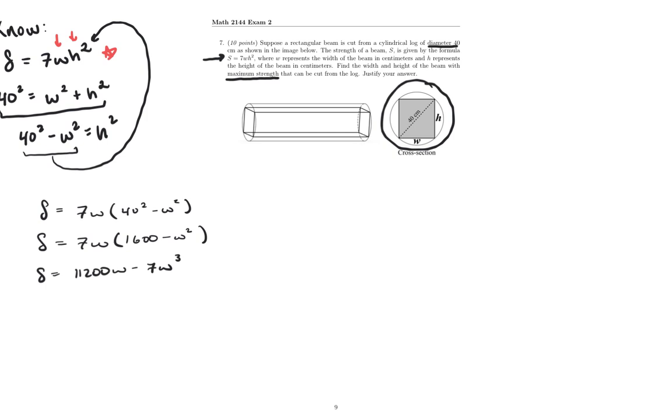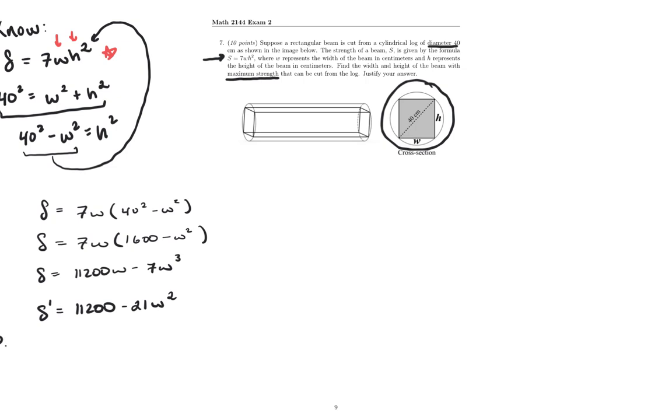So let's take the derivative with respect to W of my S formula. The derivative of 11,200W is just going to be 11,200, and the derivative of negative 7W cubed is negative 21W squared.